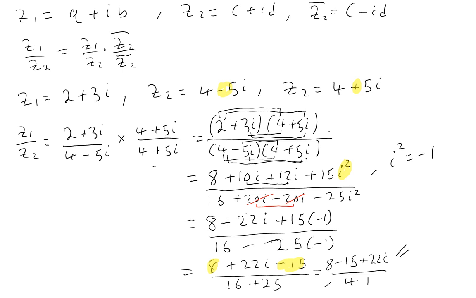And then we'll have 8 minus 15 is minus 7, plus 22i, over 41. And this one we can write as minus 7 over 41 plus 22 over 41 i.